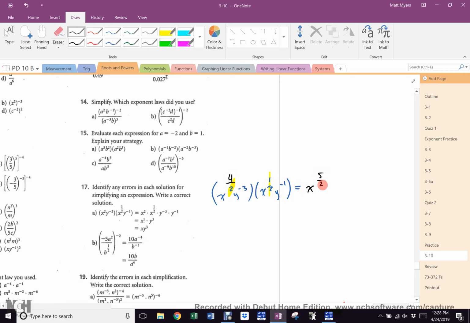Right? And negative 3 plus negative 1 is y to the negative 4. To get x to the 5 over 2 over y to the 4th. What did this idiot do? 2 plus 1/2 is 1. He multiplied. What a maroon! What a tarara gundie!